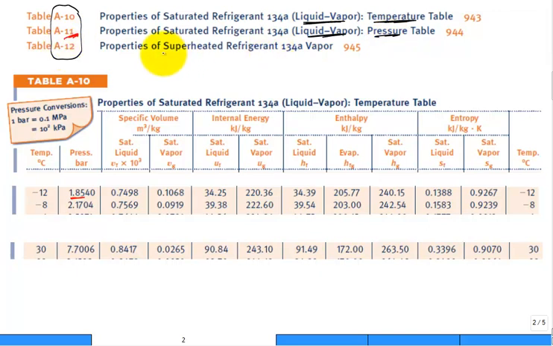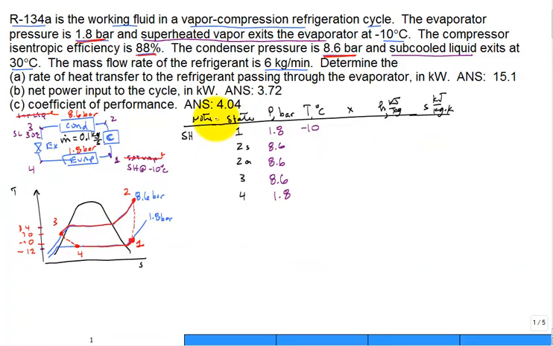And then if it's superheated, use table A12. So I would say, okay, we're going to probably find properties out of table A12. It's superheated. And when we look at it, at state 2s and 2 actual, they're both superheated. And then state 3, so we're just going to be in table A12 for a little while.